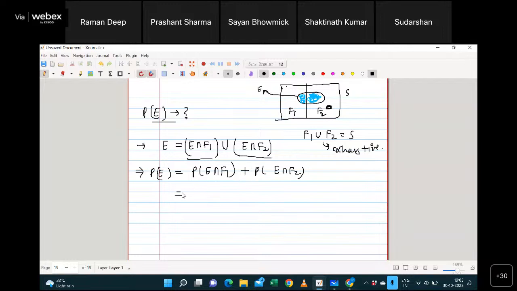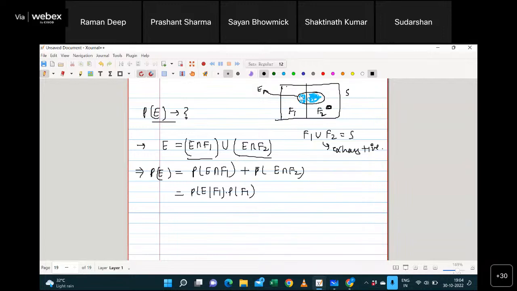By the multiplication rule, I can write probability of E given F1 into probability of F1, correct?